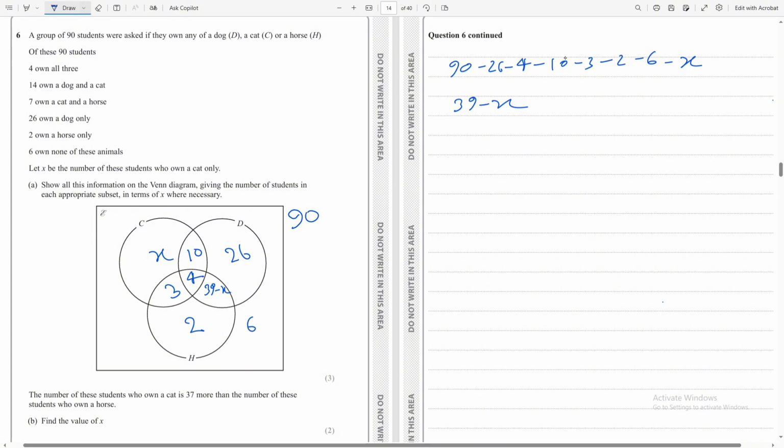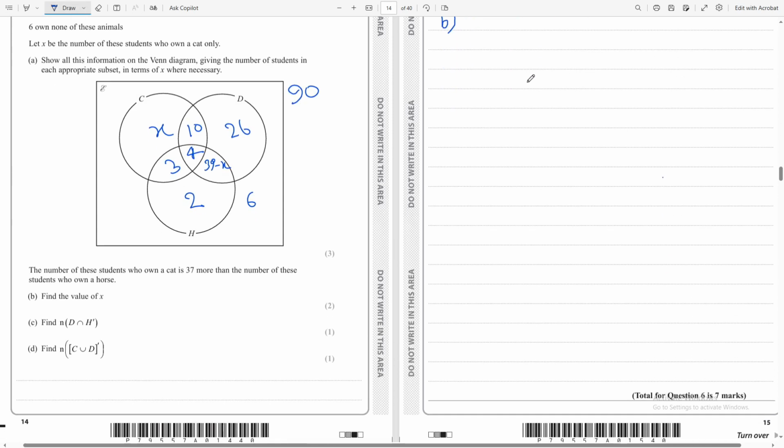Now let's move on to part B. Part B tells us the number of students who own a cat is 37 more than the number of students who own a horse. Find the value of x.